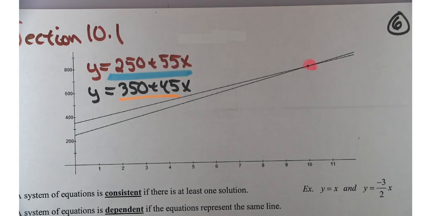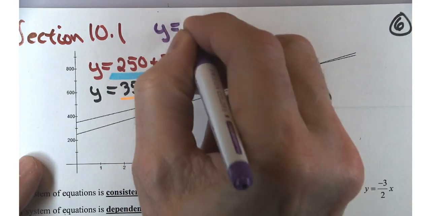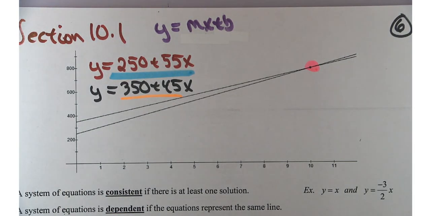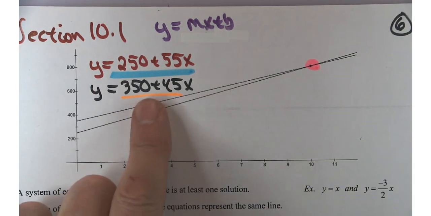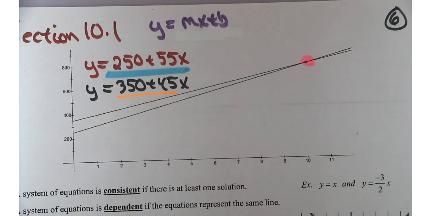Now, a little bit of reminder here. These equations are of the form y equals b plus mx, or mx plus b. Can you tell which one's which? Which one should I color orange? The top one or the bottom one? Which one do you think? Top one.